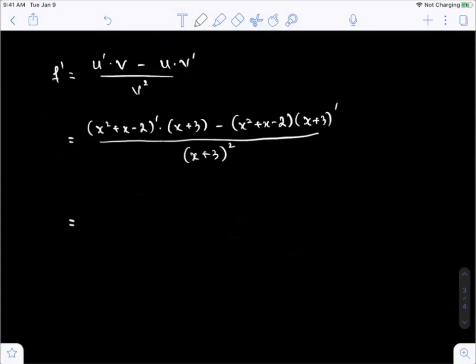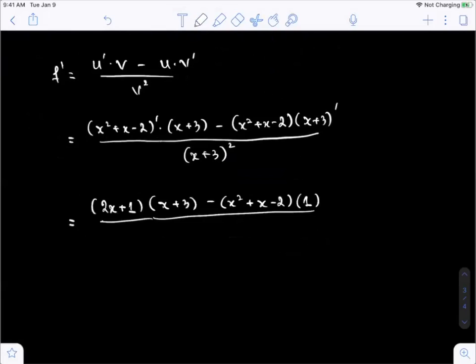Now, can you differentiate term by term here? The derivative of x squared plus x minus 2 gives me 2x plus 1, times x plus 3, minus x squared plus x minus 2. The derivative of x is 1 and the derivative of 3 is 0, so I have 1 here, all together divided by x plus 3 squared.